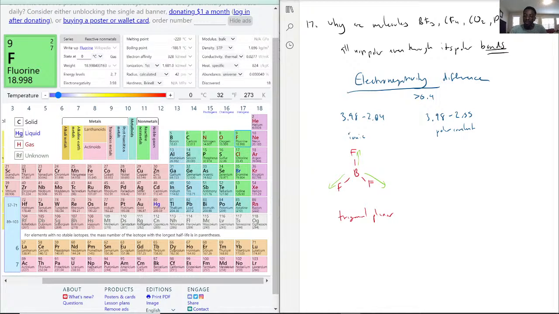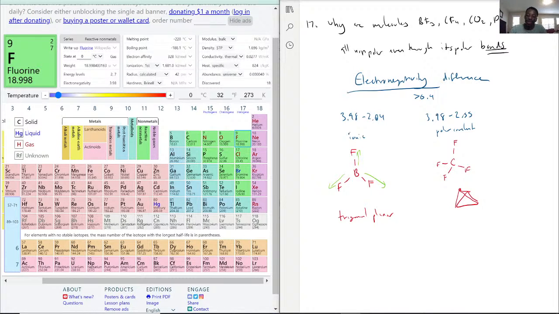But CF4, if you drew its structure, would be like this. It looks kind of strange, but imagine a triangle base and then the top here. You know how they say the triangle is the most solid shape because it has perfect balance in every corner.